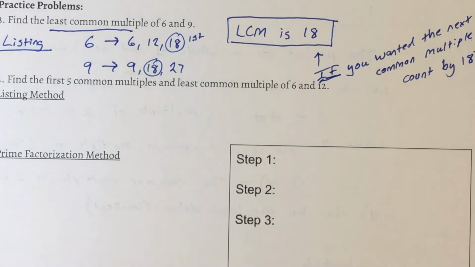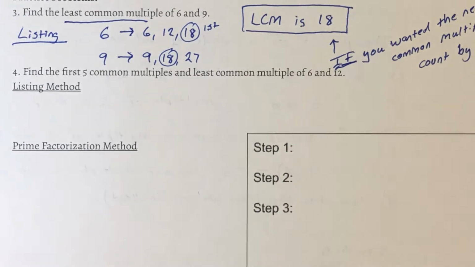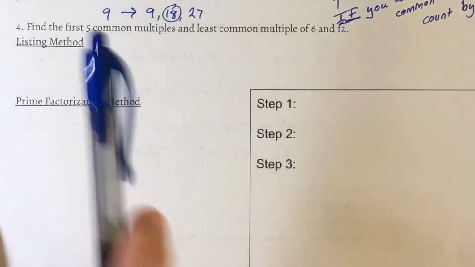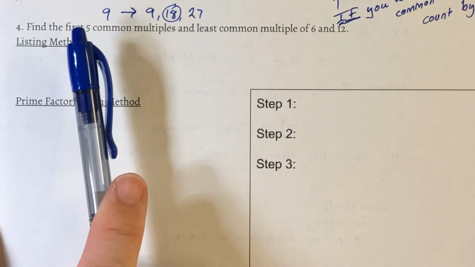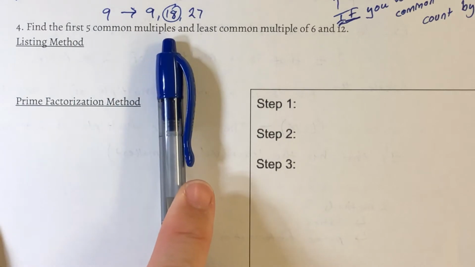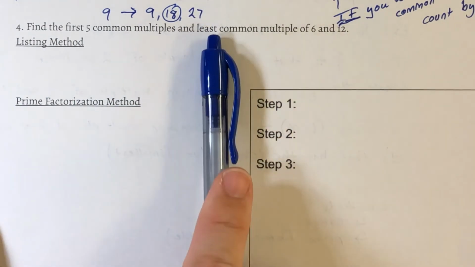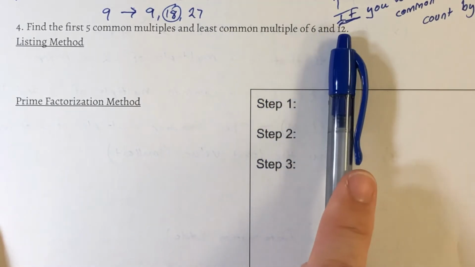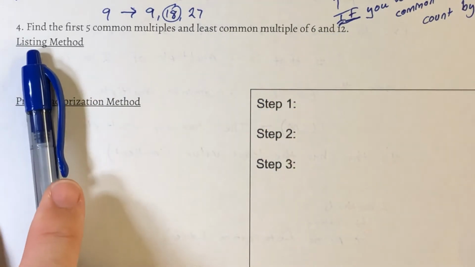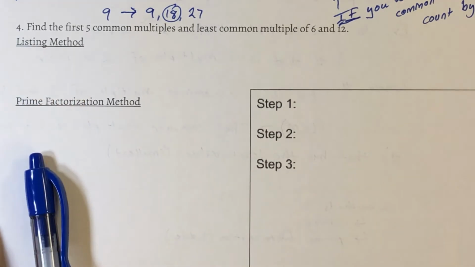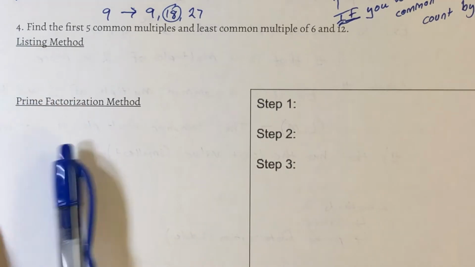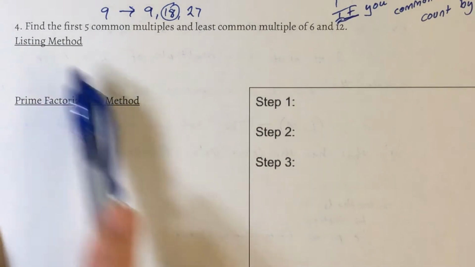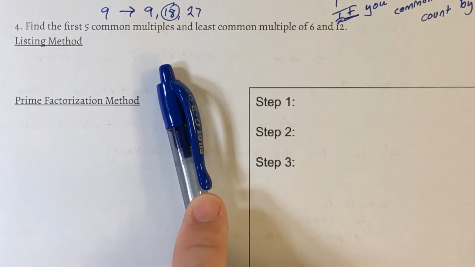Okay, our next practice problem. We're going to find the first 5 common multiples, so I'm going to show you that shortcut, and we're going to identify our least common multiple of 6 and 12. We are going to use the listing method, but I'm also going to show you the other method. Why am I going to show you another method if the listing method is so darn easy?